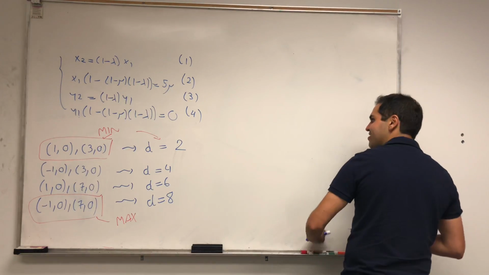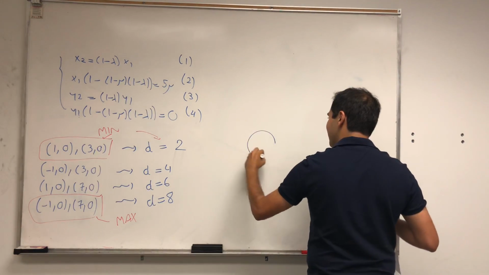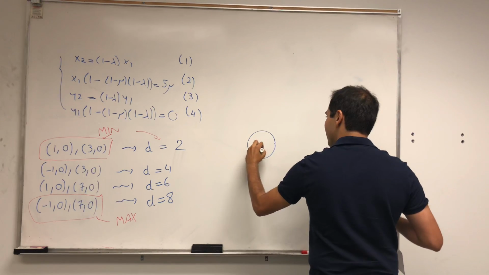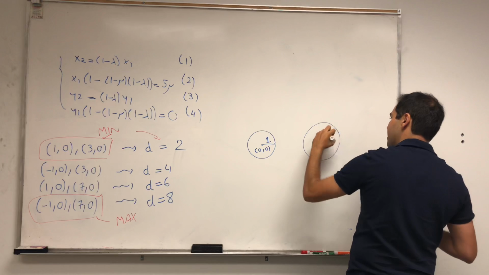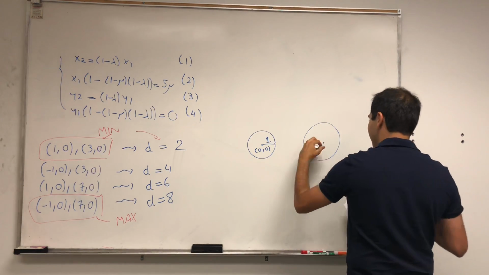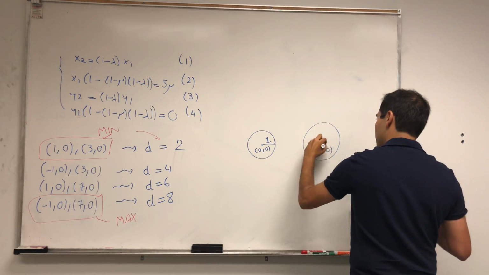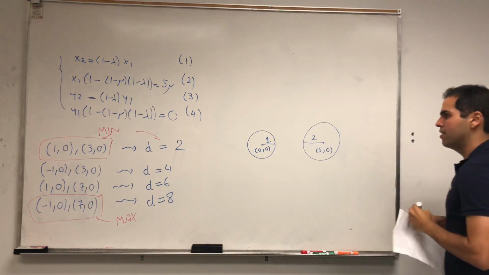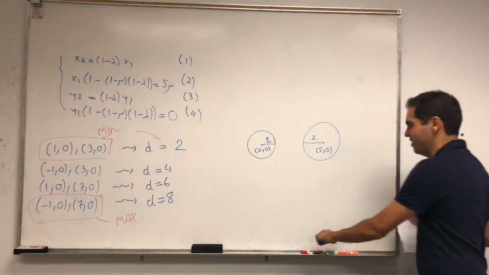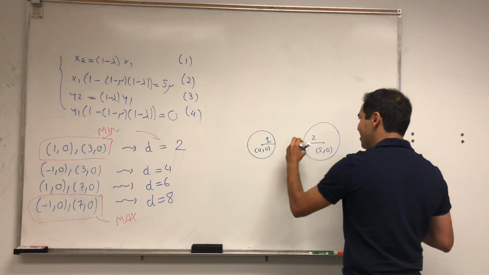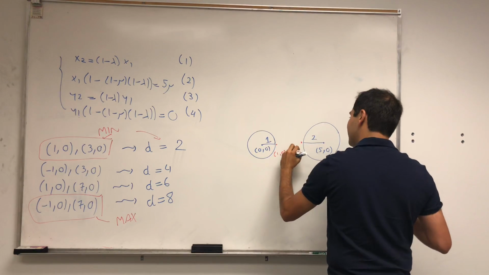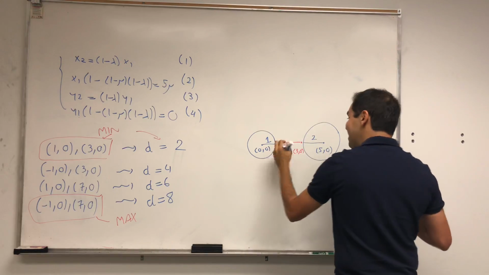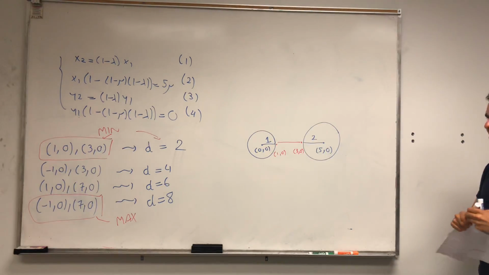And as I said, let's go back to our figure to see if this makes sense. So we have the center 0, radius 1, and then center 5, 0, and radius 2. The first possibility gives us, in fact, those 2 points, right? 1, 0, and 3, 0. And indeed, they give us the smallest distance.